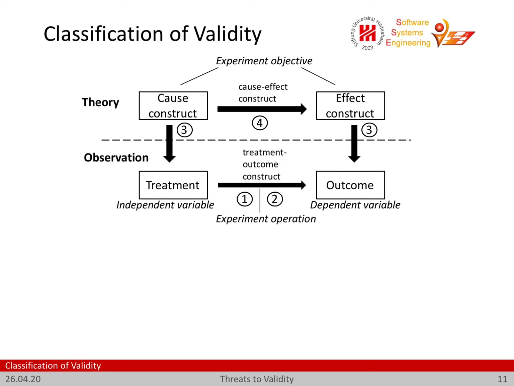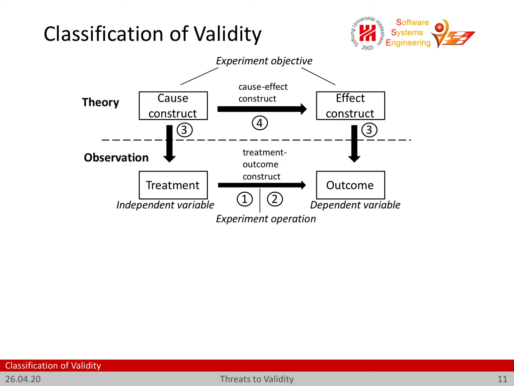But for an individual experiment, we look only at the specific relation. We want to have a specific cause for which we expect a certain effect, and this we want to study. This is shown here in the upper half of the graphic. In our theory world, there's a certain abstract cause.